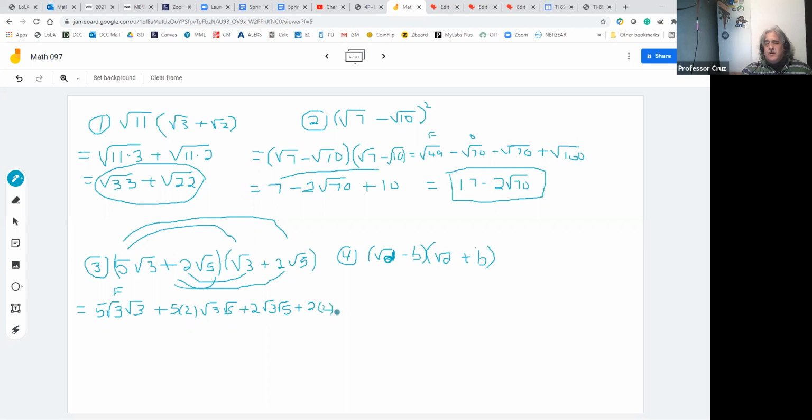And then that's square root of 5, square root of 5. So this is 5 times square root of 9, which is 3. And then this is 10 square root of 15. And then this one is 2 square root of 15.